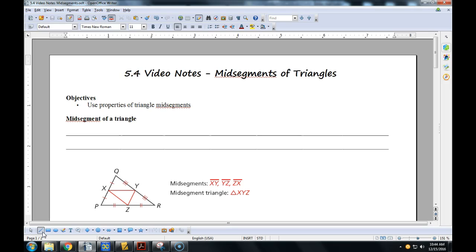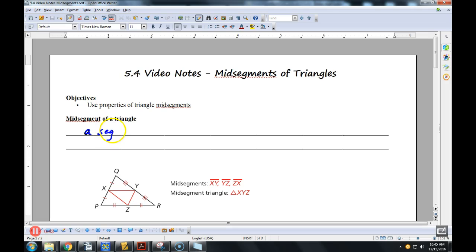So now we're doing another special segment, but it's not finding the center. It's called midsegments. So the objective here is use properties of triangle midsegments, and let's define what a midsegment is. It is, let's use blue here. I said blue.